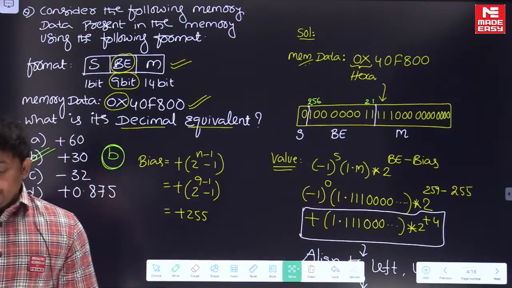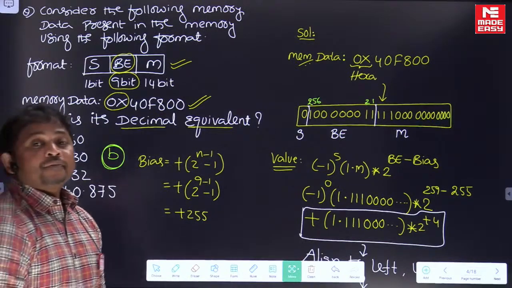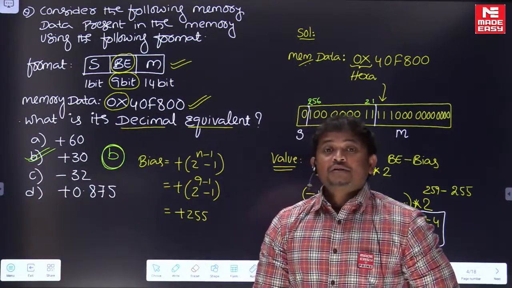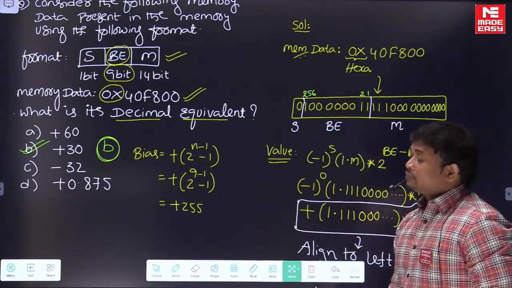Let me see how many of you have given the answers. Yeah, Srijal gave the answer as plus 30. Karthik, Mansi, Shobit. Yeah, all the students gave the same answer. Okay students, all right, so the answer is B. Very good.